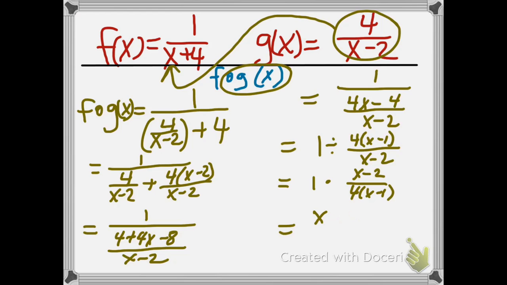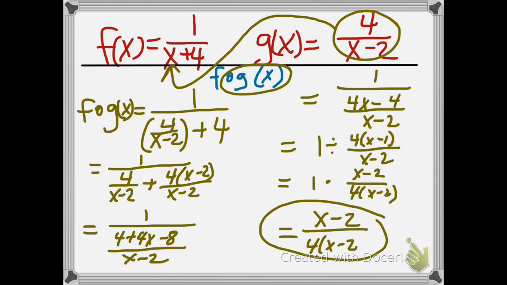Did I already invert it? I already inverted. Yes, sorry. You get x minus 2 over 4x minus 4, and that's your result. Okay, so you'll get some question like that.